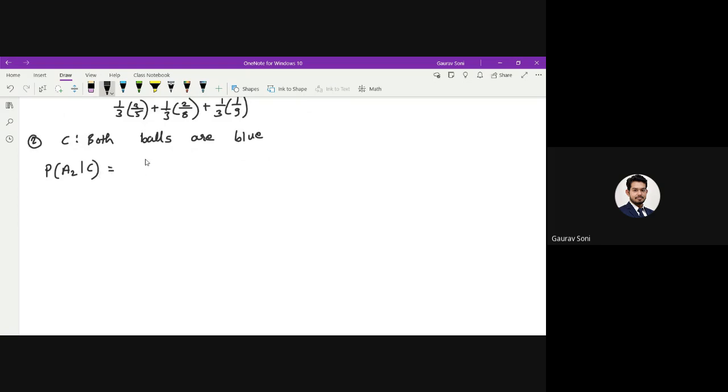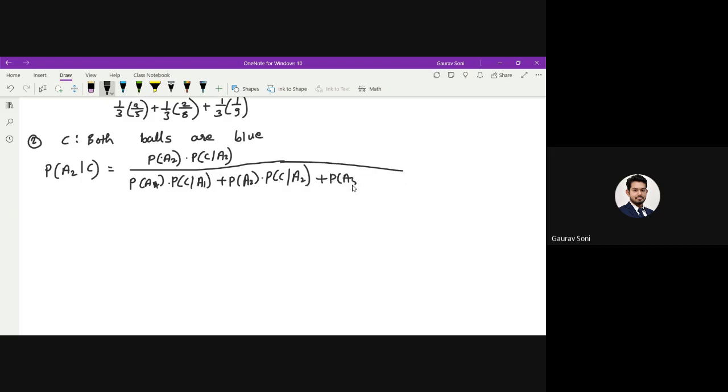By Bayes' theorem, this is equal to probability of E2 into probability of C when E2 has occurred, upon the summation: probability of A1 into probability of C when A1 has occurred, plus probability of A2 into probability of C when A2 has occurred, plus probability of A3 into probability of C when A3 has occurred.